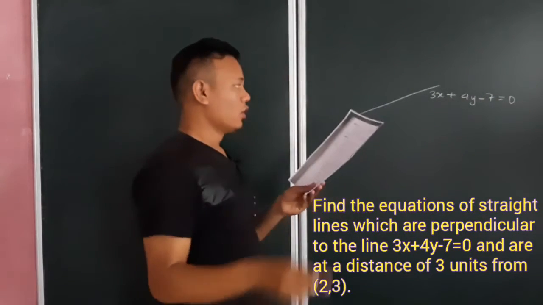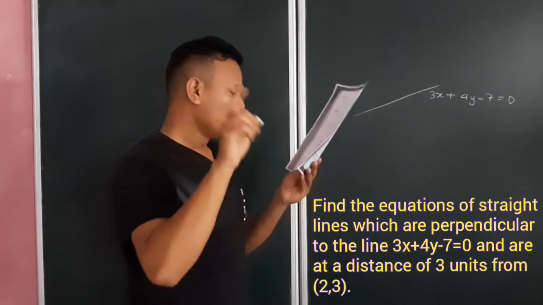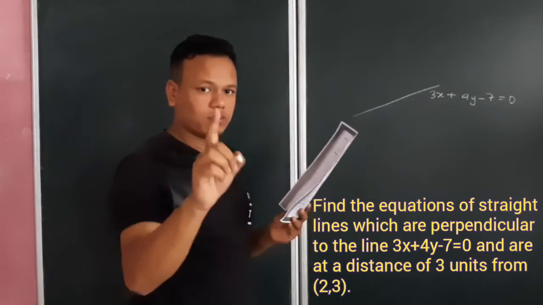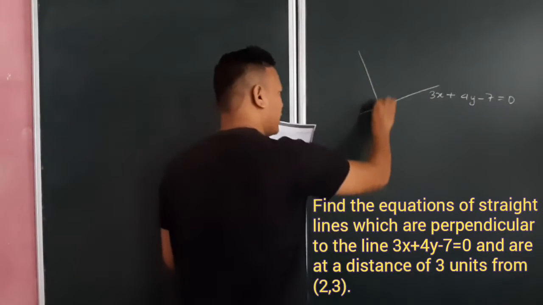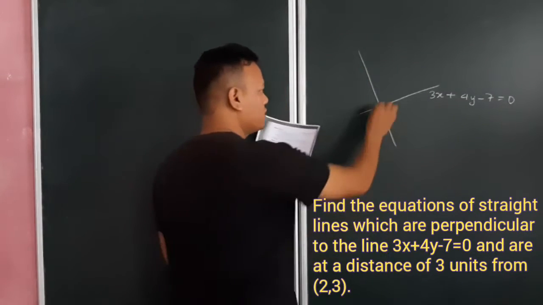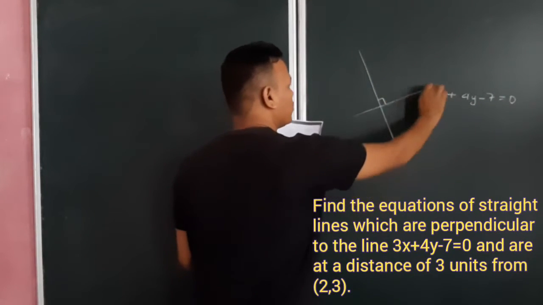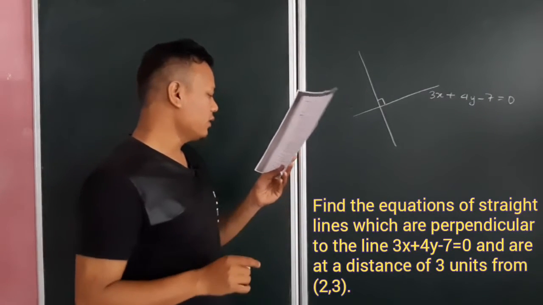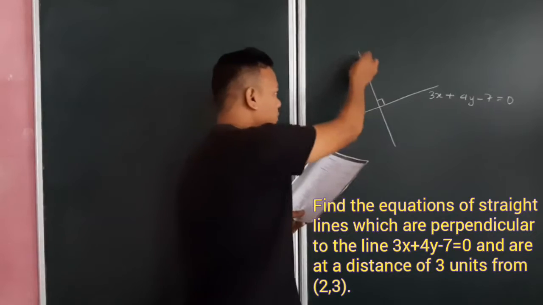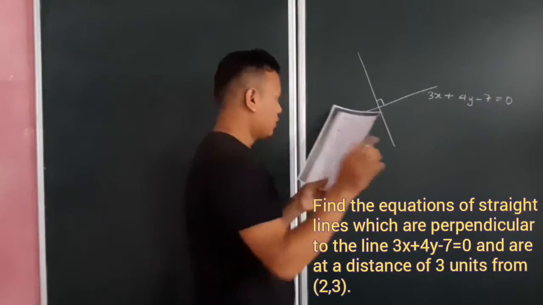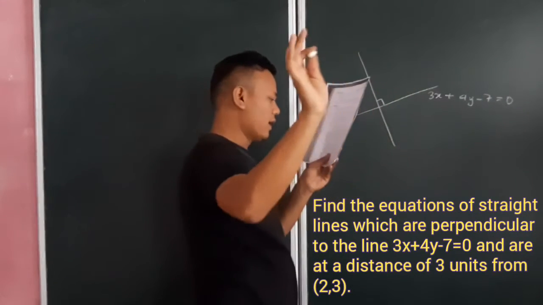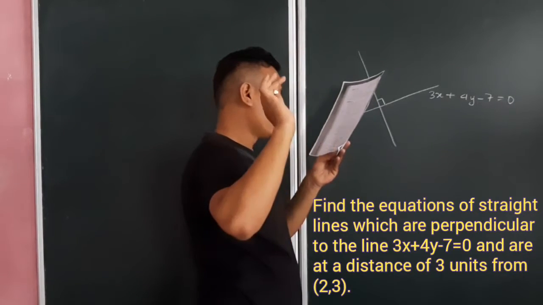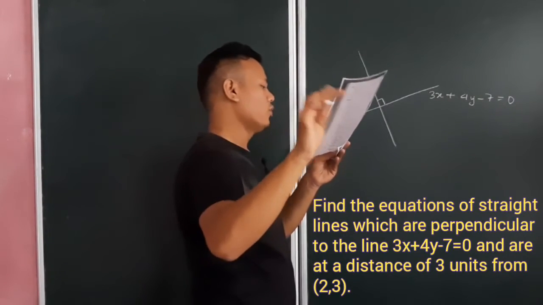Now you need to find the equation of those lines which are perpendicular to this. For example, let me take only one line here. This is perpendicular to this line, as you can see. The next thing is that this perpendicular line has a distance of 3 units from (2, 3).